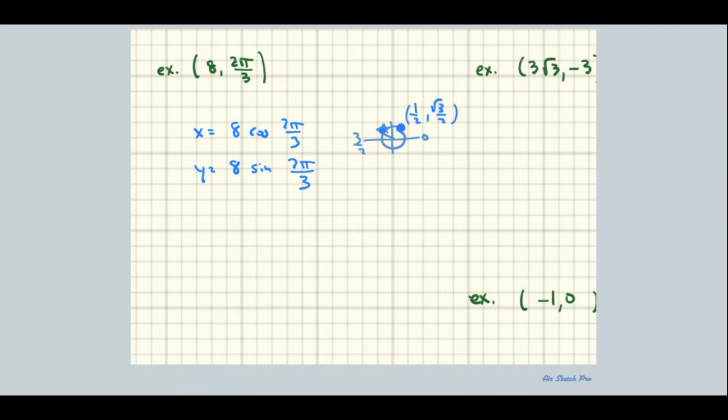So in this case, the cosine is negative 1/2, but the sine is still root 3 over 2.